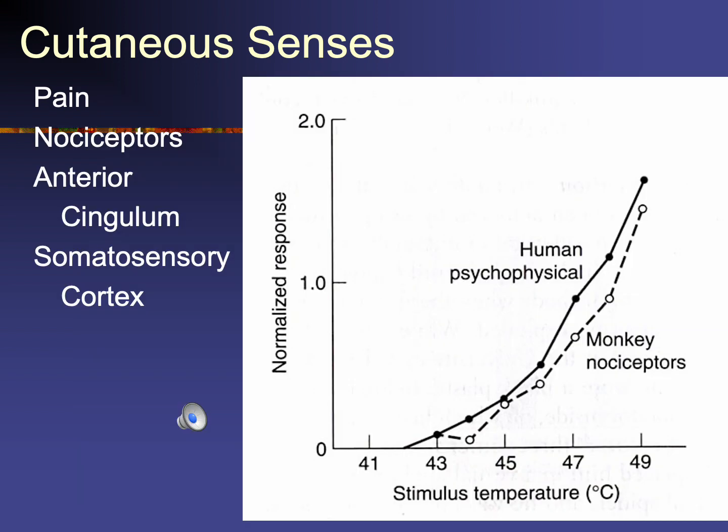Pain is a unique aspect of cutaneous stimulation. I think we all know what pain is. It's hard to avoid when it occurs. It has a very compelling influence on our behavior and our motivation and our emotions. However, it is just information that's coming in from our skin. Now, pain is a very ancient system in terms of evolution.